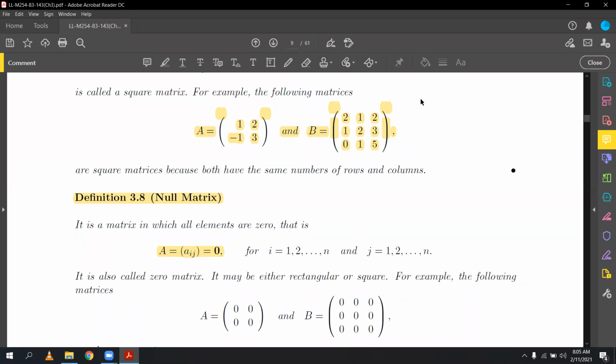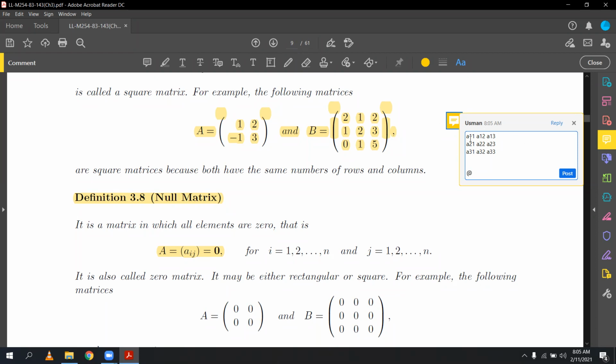If you have a matrix like this one, you have A11, A12, A13, A21, A22, A23, and A31, A32, and A33.